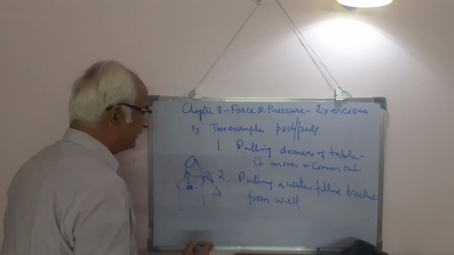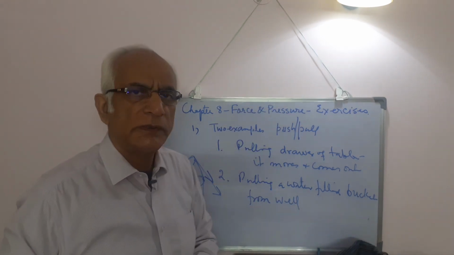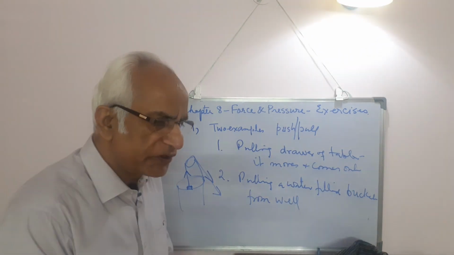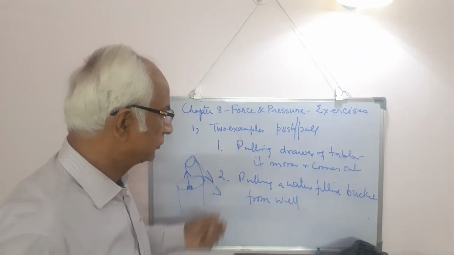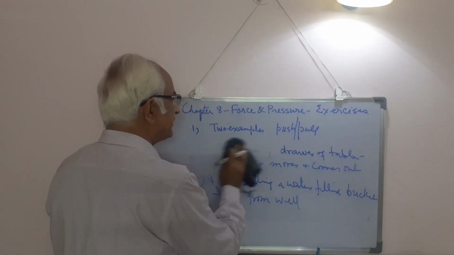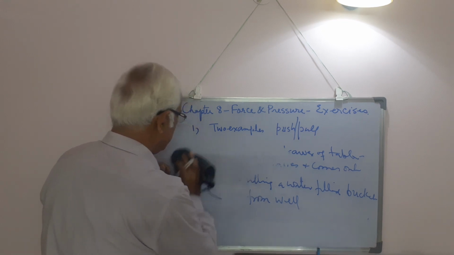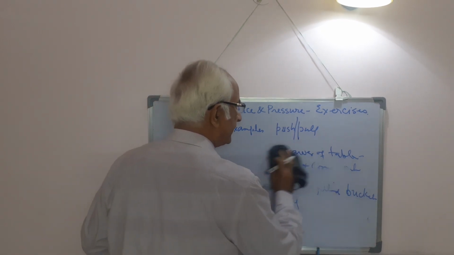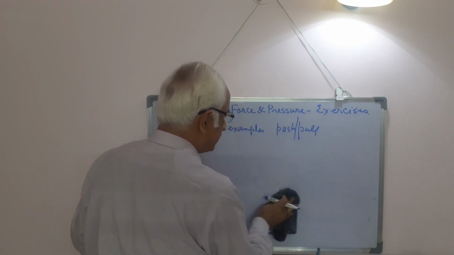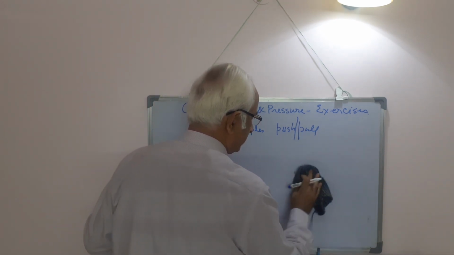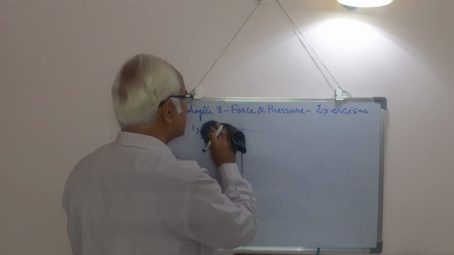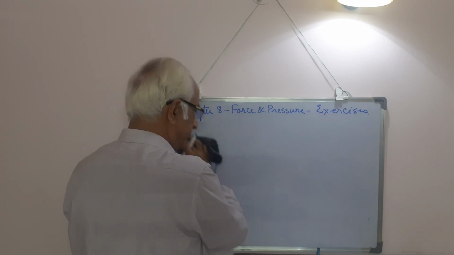We pull the rope and the water bucket comes up. So these are the two examples of pulling an object and changing its state of motion. In all four cases, the direction changes or the body starts moving if it was at rest. So that is your question number 1.